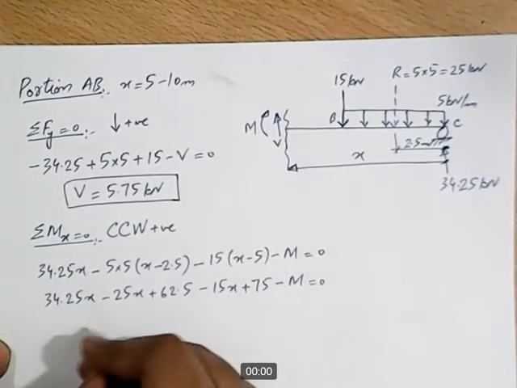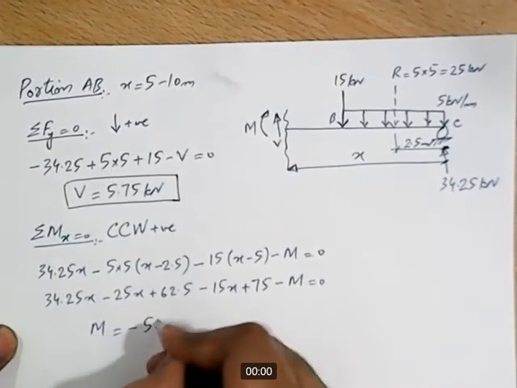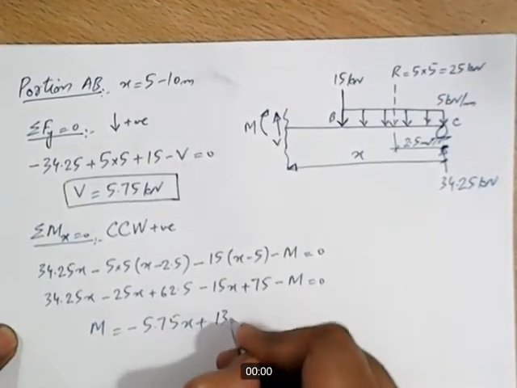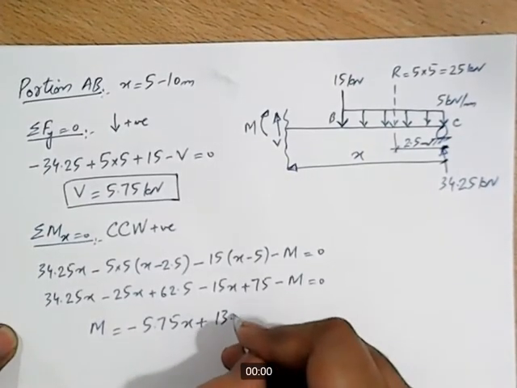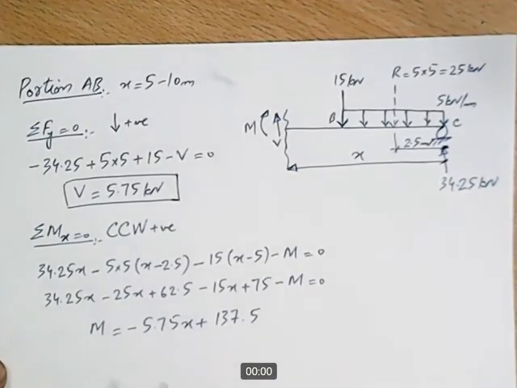Now if we solve it further, we get M is equal to minus 5.75x plus 37.5, and this is the equation of bending moment.